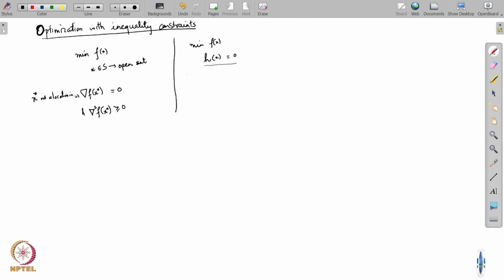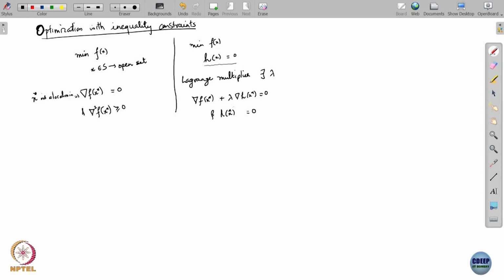For every constraint there is a Lagrange multiplier, and so the condition then becomes: gradient of f at x star plus lambda times gradient of h evaluated at x star should be equal to 0. There exists a lambda such that this holds, and of course, h of x star equals 0.